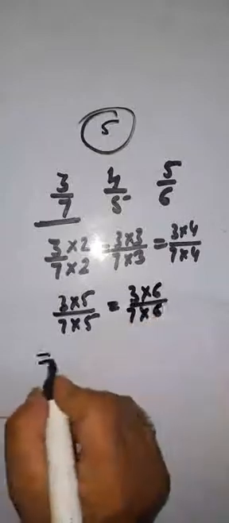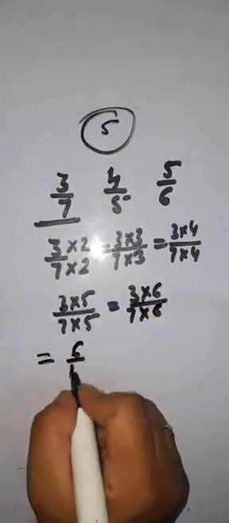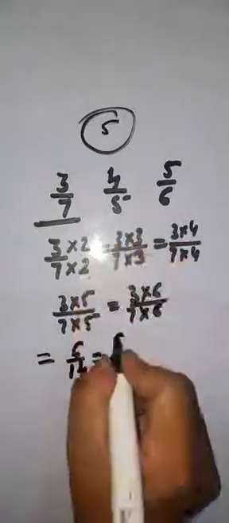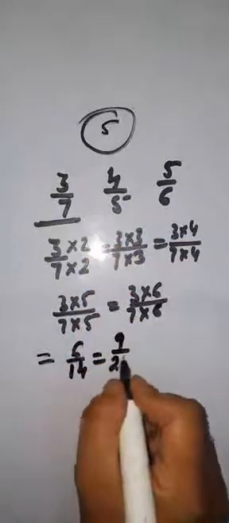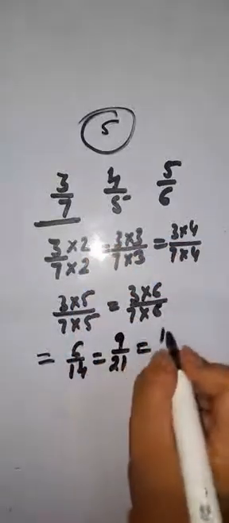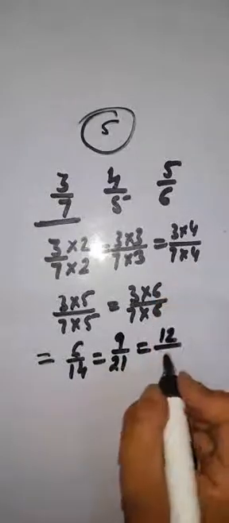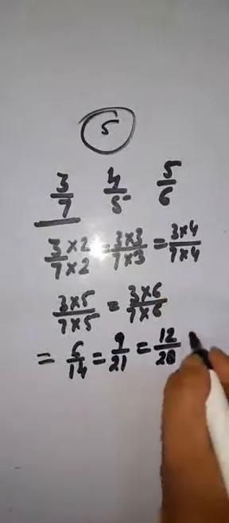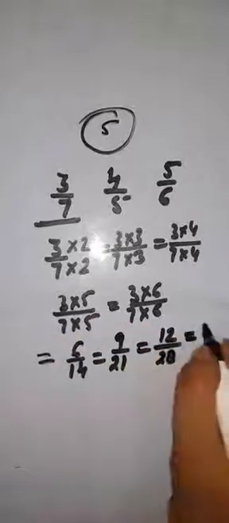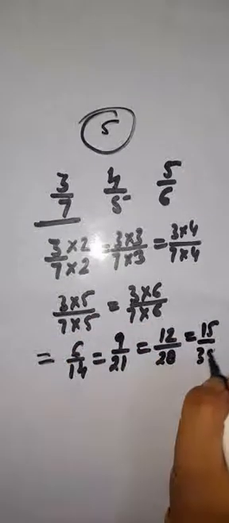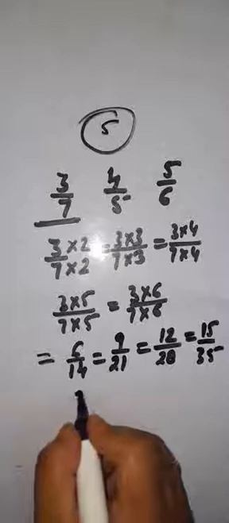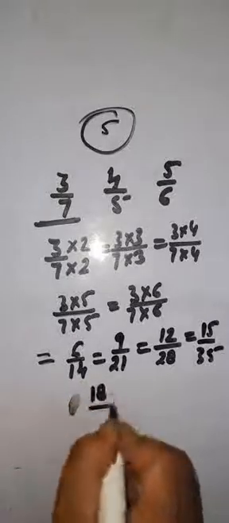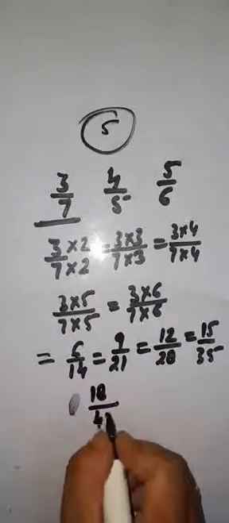Okay, now write here: 3 2s are 6, 7 2s are 14, 3 3s are 9, 7 3s are 21, 3 4s are 12, 7 4s are 28, and here 3 5s are 15, 7 5s are 35, and this one 3 6s are 18 and 7 6s are 42.